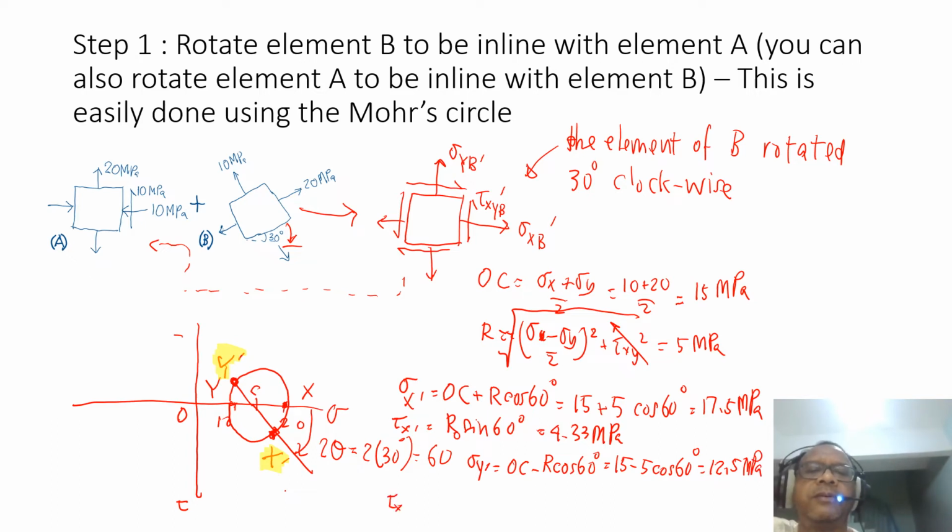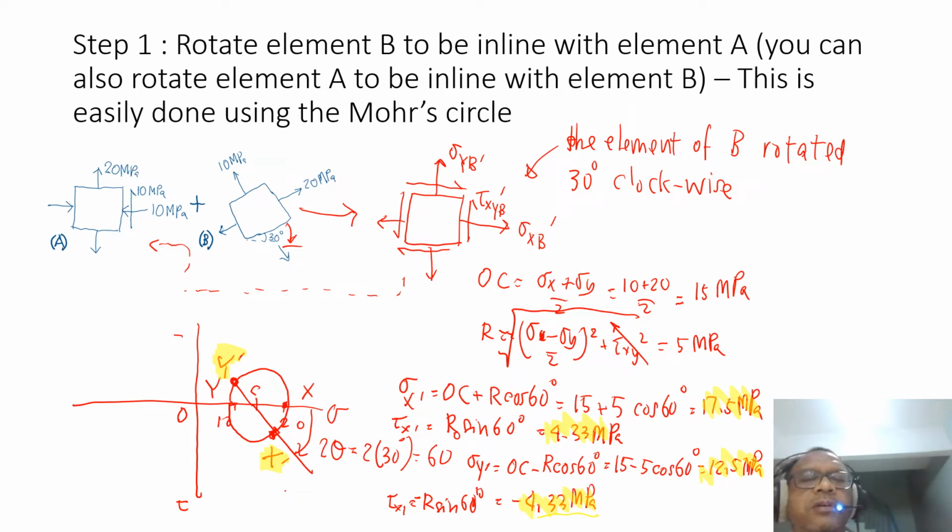And we have tau X dash equals negative R sine 60 degrees, so it's minus 4.33 megapascal. So with those numbers, you should be able to draw the new Mohr circle.